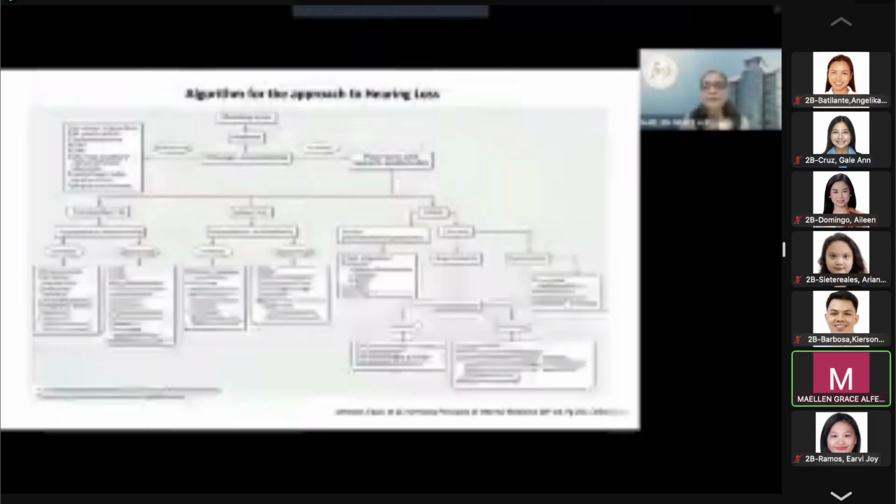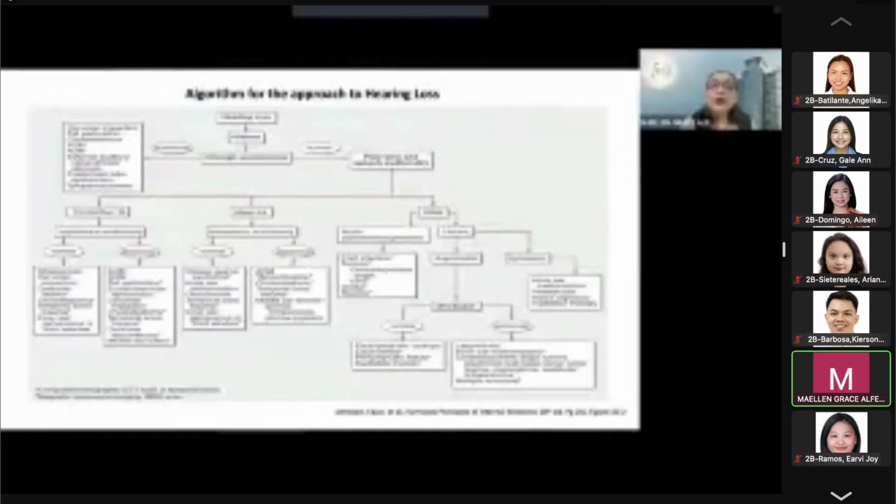Now, this is lifted from Harrison, on how to go about the approach in patients with hearing loss. As you can see, as in other algorithms, you really need to have a thorough history before you go to physical examination.